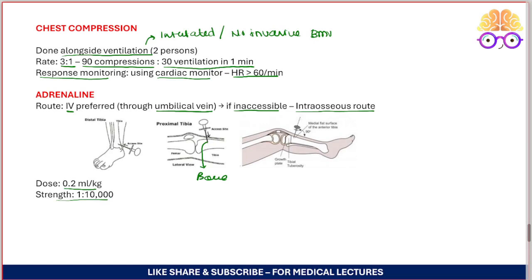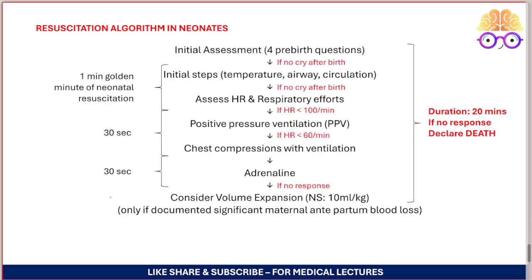Okay, so now I hope that you have understood all the steps, where we are going to use what, how much values we are going to put. So now let's look into the resuscitation algorithm, which is the most important. Okay, so let's see. So initial assessment.